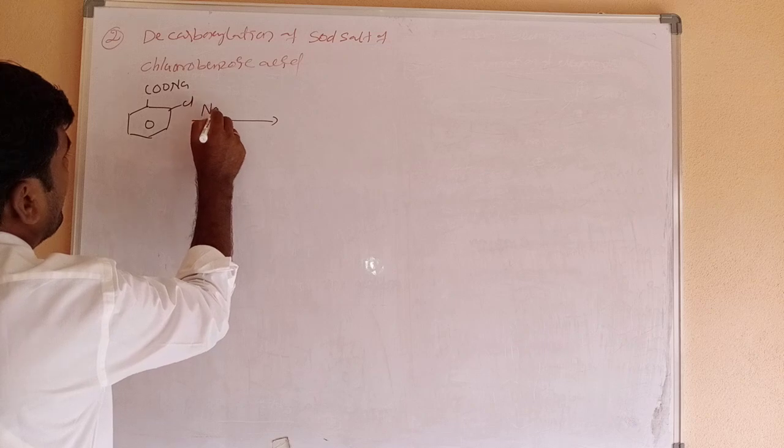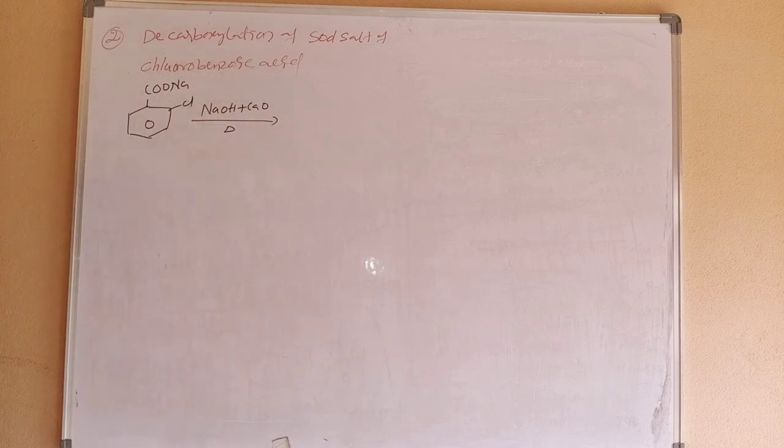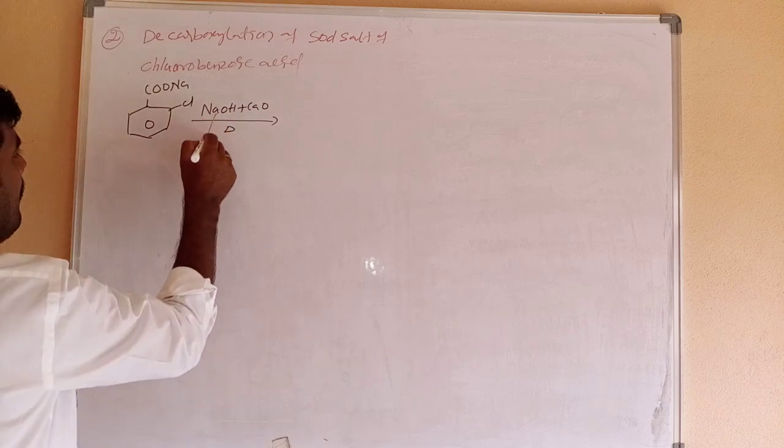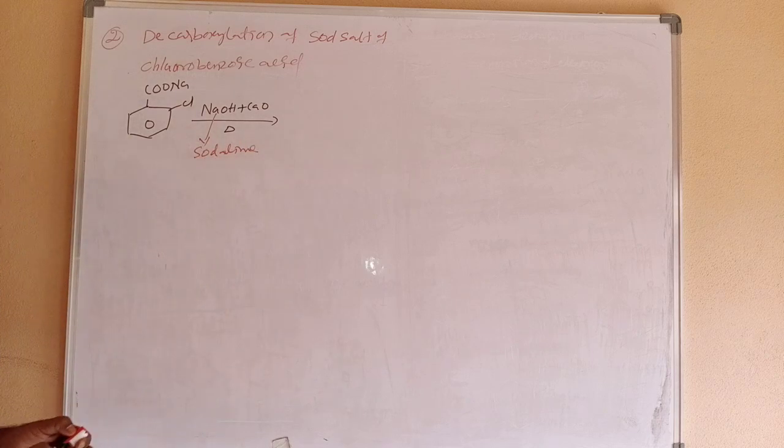What is soda lime? NaOH plus CaO, collectively called soda lime. A mixture of sodium hydroxide and calcium oxide is called soda lime.